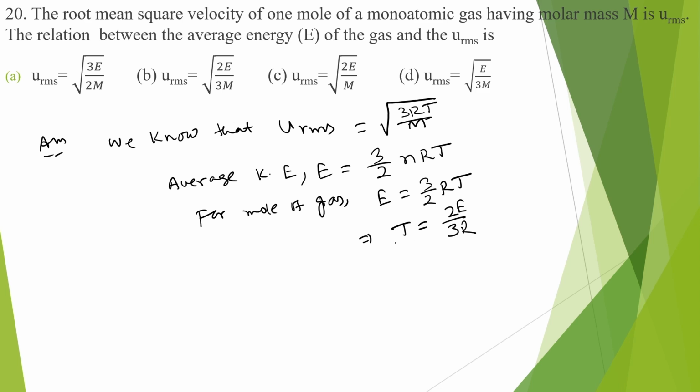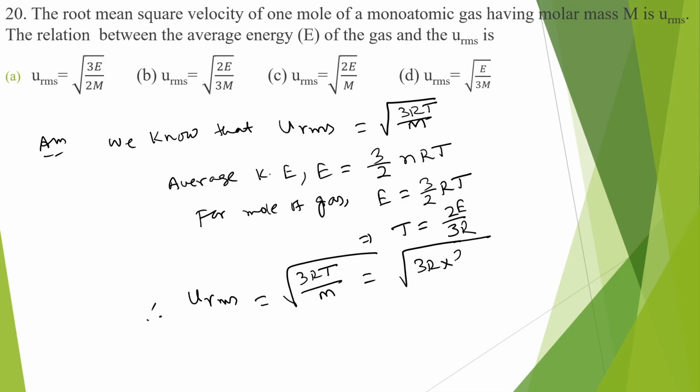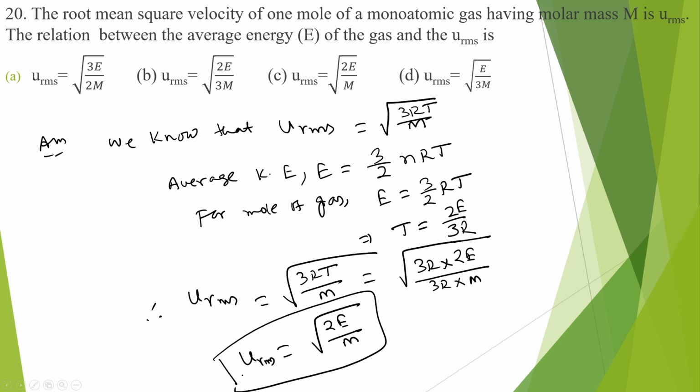Now if you substitute this T in the U RMS expression, U RMS is root over 3RT by m. So root over 3R times T is 2E by 3R times m. So we get U RMS is root over 2E by m. So this is the value of U RMS, and this is the relationship between U RMS and the average energy of the gas.